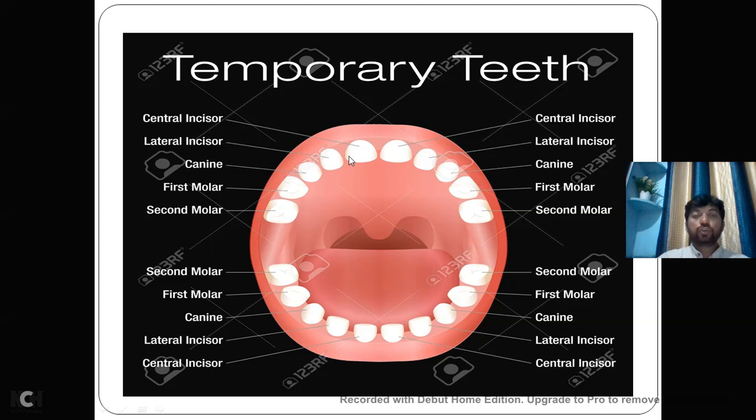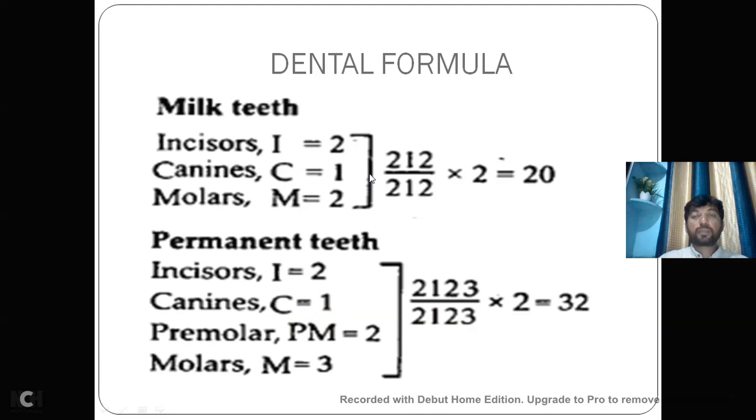See here, 2 1 0 2, this side and this side. It will be like incisors, canines, no premolars, only molars. 20 teeth will be considered as the milk teeth. After they fall off, then we will get the permanent teeth. The formula will be 2 1 2 3: 2 incisors, 1 canine, 2 premolars and 3 molar teeth.